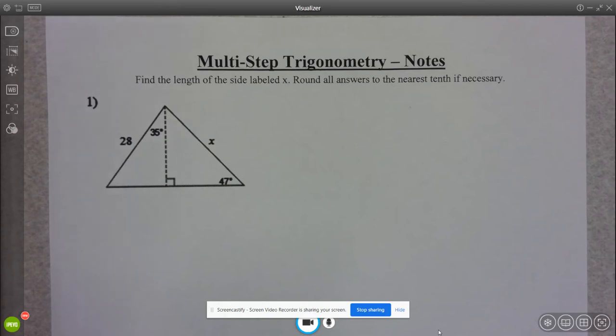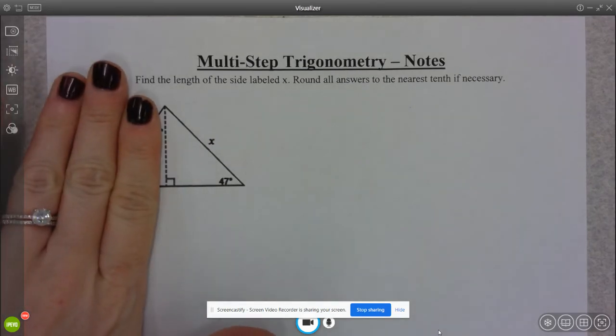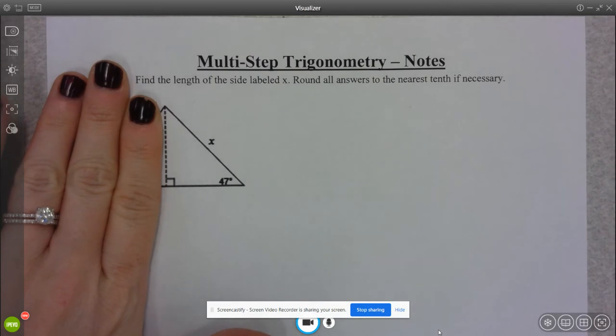All right, so for the first 6 questions, our goal is to find the side labeled X. On the triangle that has X, at this point in time, we don't have enough information.